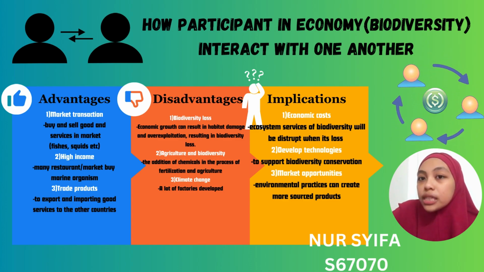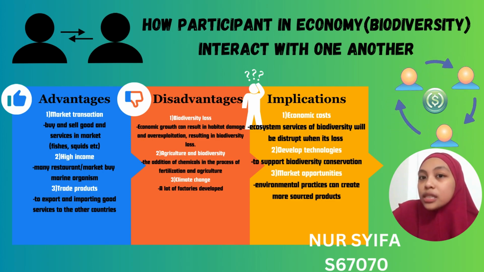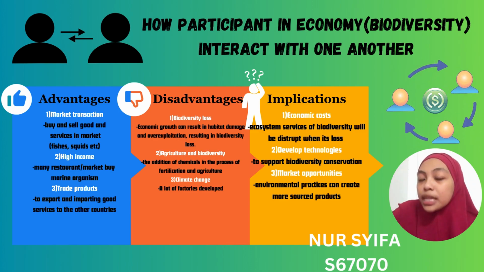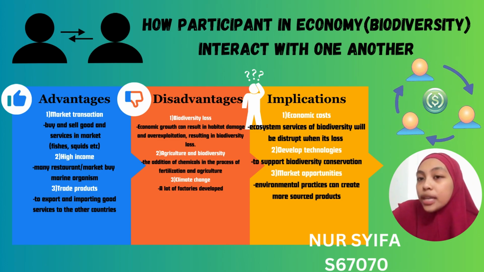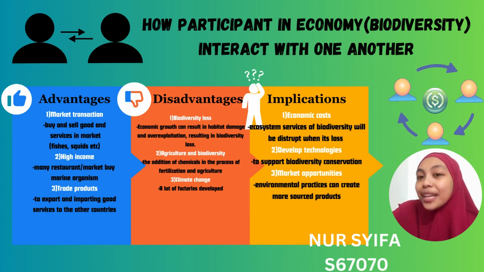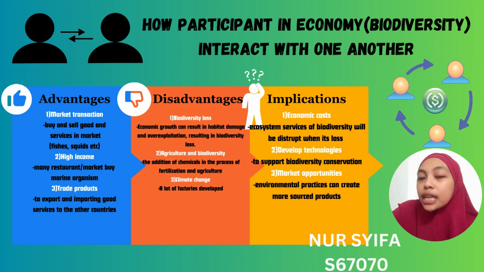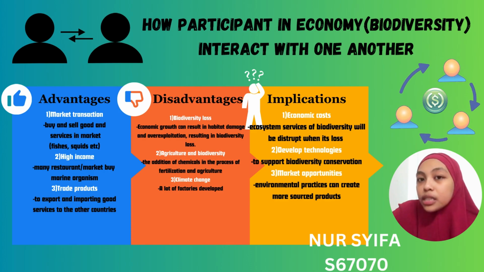A lot of factories are developed, causing the release of chemicals into the atmosphere, which causes the earth's temperature to rise rapidly. Other than that, for the implications, firstly, economic cost. Ecosystem services of biodiversity will be disrupted when it is lost. Second, developing technologies to support biodiversity conservation to save the ecosystem. Third, market opportunities. Environmental practices can create more source products for other circles or other countries.